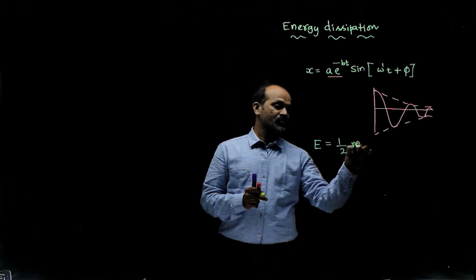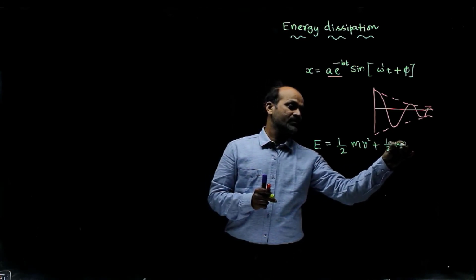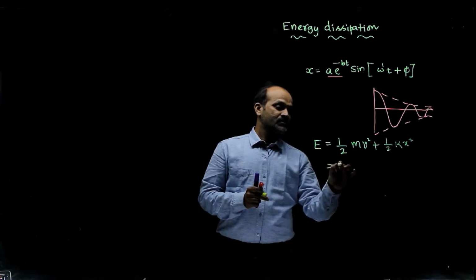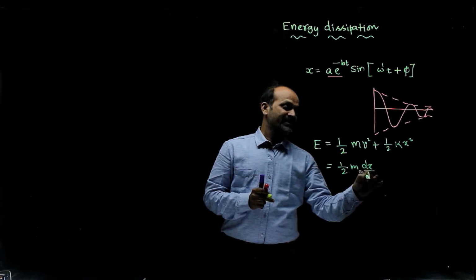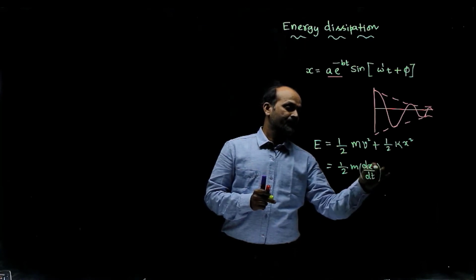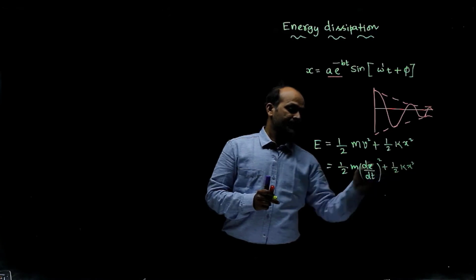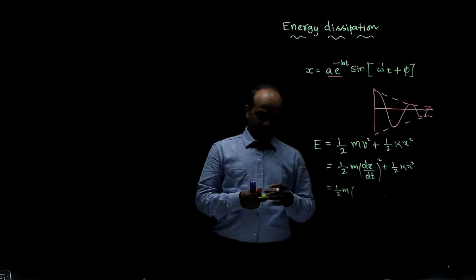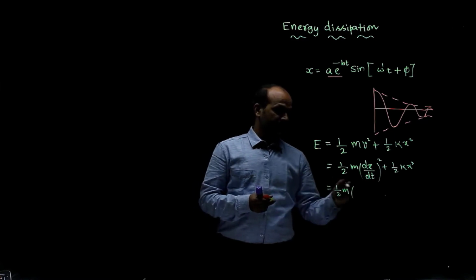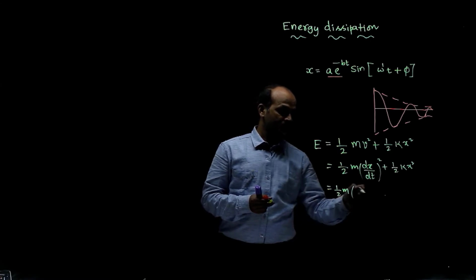That is, half m v square plus half k x square, where velocity is dx by dt. Before taking this value, let us differentiate that equation, which we call equation 1, and substitute it over here.